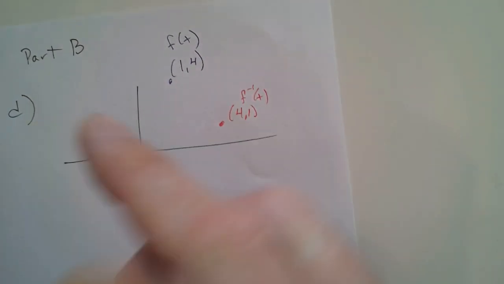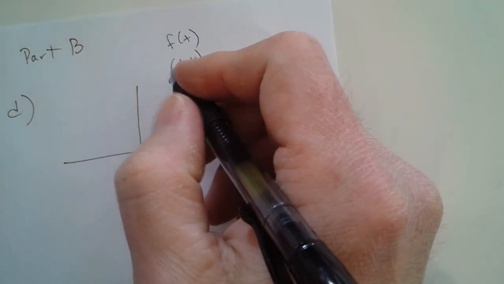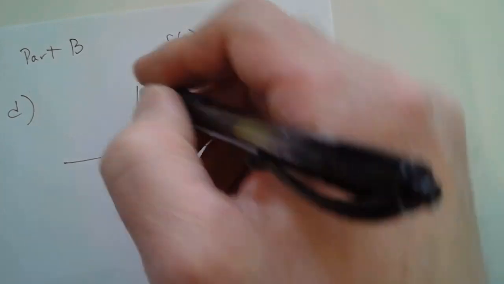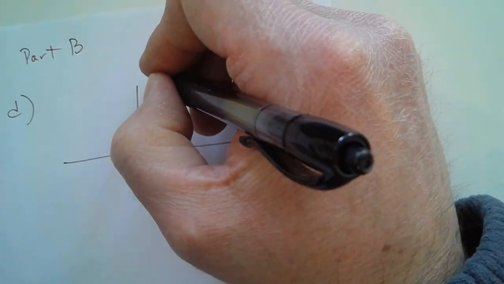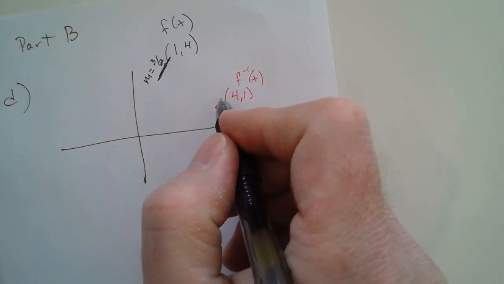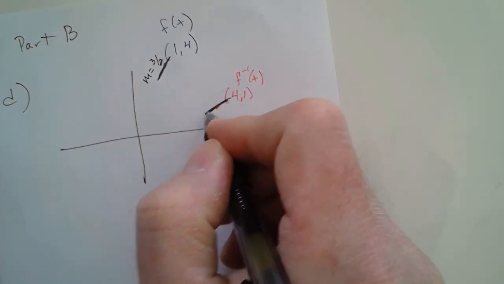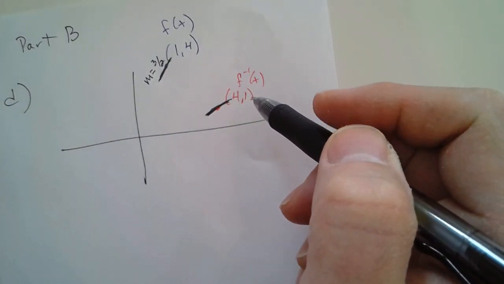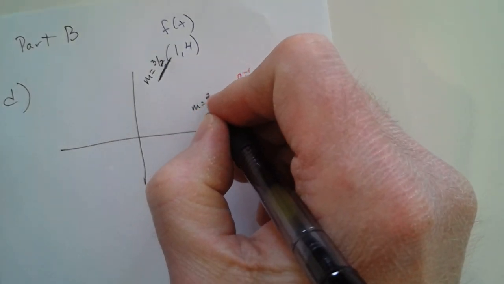If we know the slope or the derivative at this point, 1 comma 4, let's say that the slope is 3 halves, then the corresponding slope at 4 comma 1 on the inverse would have to be 2/3.